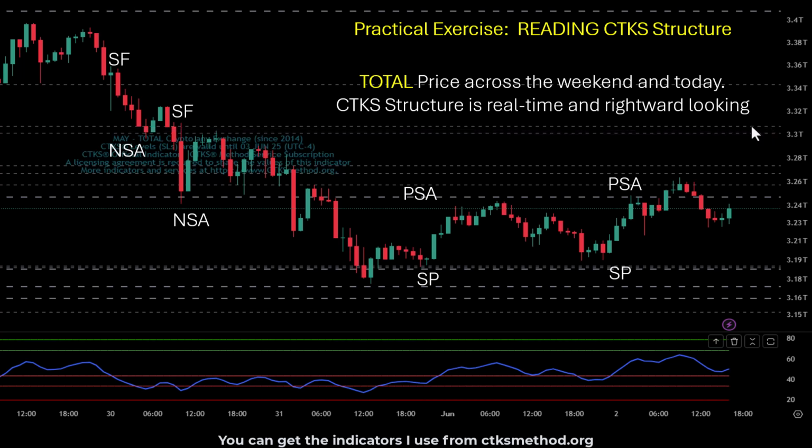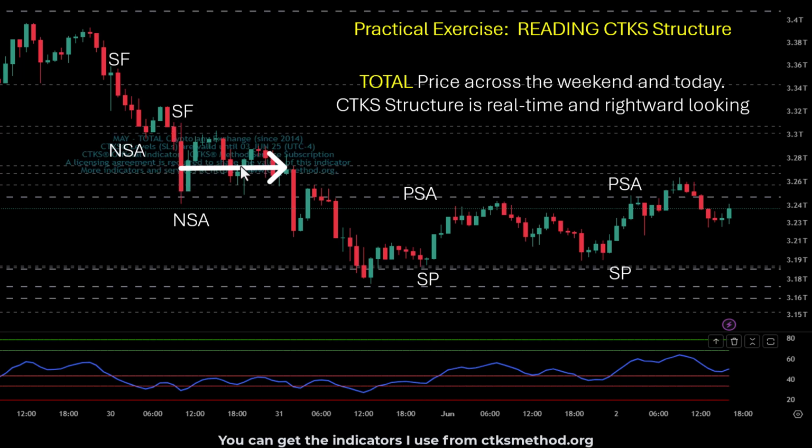And that's what happened. When you get a lot of sellers inhabiting the market, they push price down. There are so many sellers in this area, the price didn't even get back up to retest here. It just got crushed. So that meant that there was a structural failure through here and negative structural attraction to lower levels.